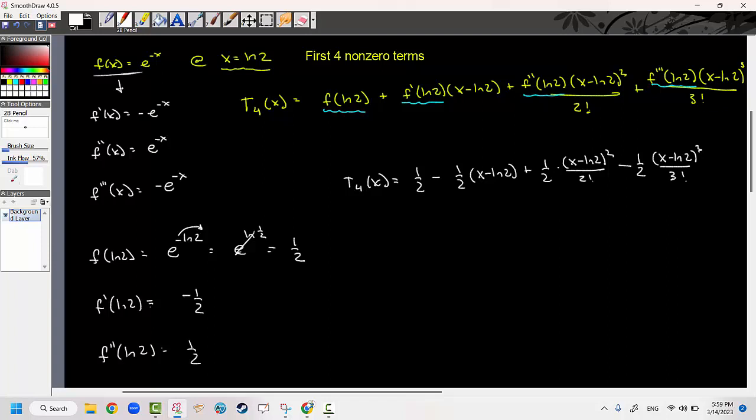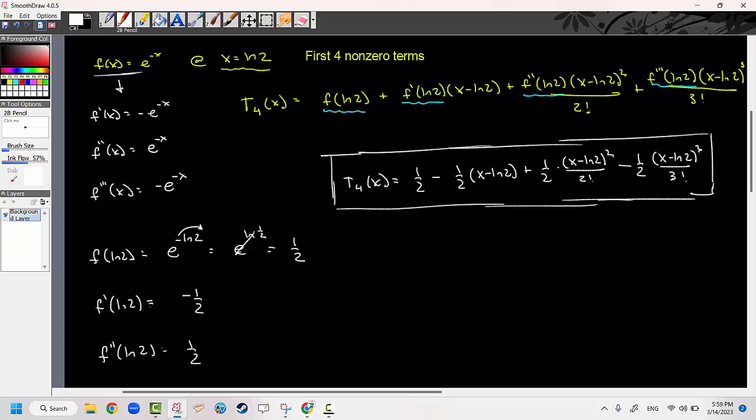And that would be the first 4 terms of a Taylor series for e to the negative x centered at x equals ln of 2. Okay, let's go ahead and go to another example.